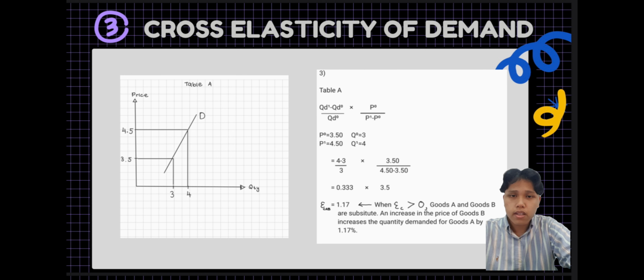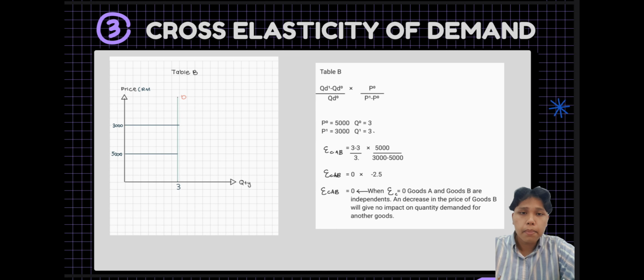As you can see in my answer, the cross elasticity is greater than 0. Goods A and B are substitutes. An increase in the price of good B increases the quantity demanded for good A by 1.17%.